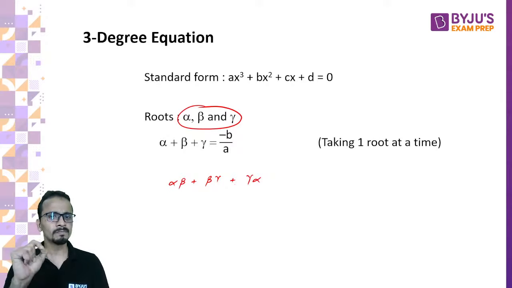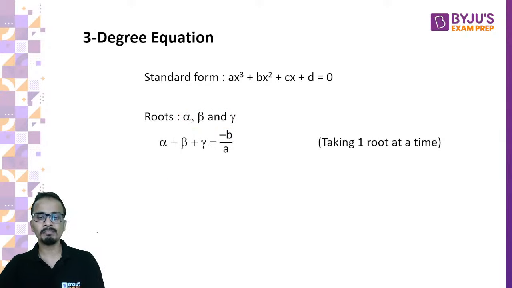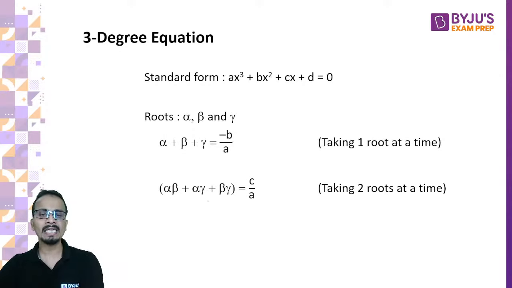So this expression is for the sum of the roots taking two roots at a time: alpha beta plus beta gamma plus gamma alpha, and the value will be equal to C upon A.